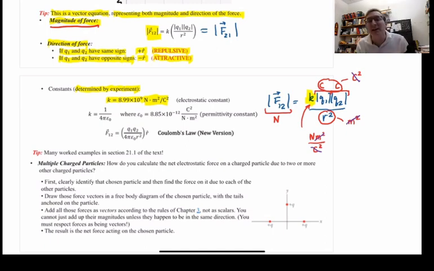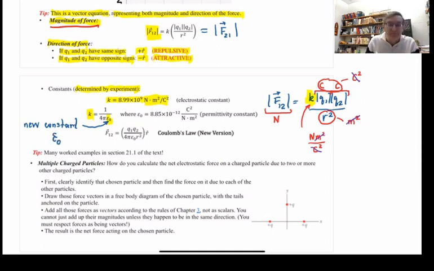Now, the next thing you just have to trust me is something that's useful to do, because on the surface of it, it's not immediately obvious why you would need to do this. Let's write this constant k as a combination of some other constants, including pi. Let's write k equals 1 over 4 times pi times a new constant that we're going to denote by the symbol epsilon subscript 0.